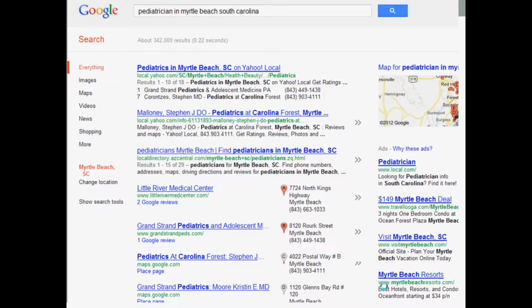Now, one interesting thing about this is I don't know what the name of a town is that's right outside Myrtle Beach. North Myrtle Beach wouldn't be a good example. Anybody, a town? Little River. What is it? Little River. Okay, great. So yeah, and they're there. So now their address is Myrtle Beach. Maybe they have another location in Little River.